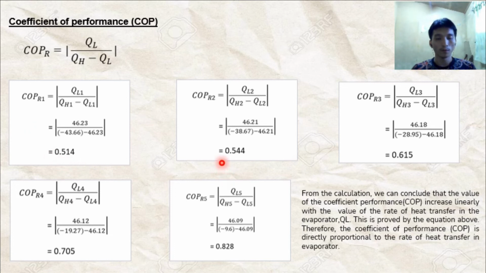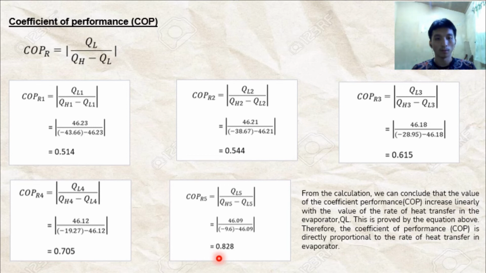For refrigerator 2 it is 0.544. For refrigerator 3 it is 0.615. For refrigerator 4 it is 0.705. And for the last, COP R5, we get 0.828.